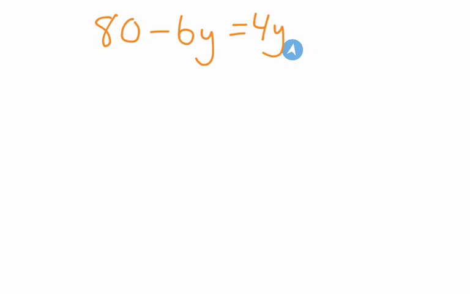And so I would look at this one, 80 minus 6y equals 4y. And I know that to consolidate the variables, I can add 6y to both sides. But I don't actually show it. I just do it. On the left, if I add 6y, that's going to equal 0. And then 4y plus 6y gives me 10y, and I don't have to show it.